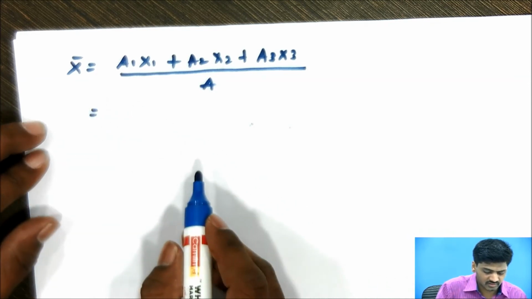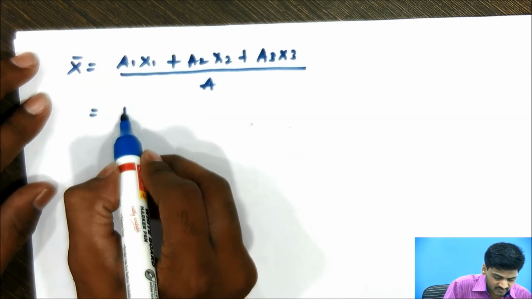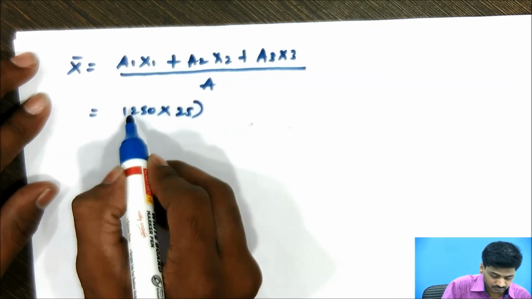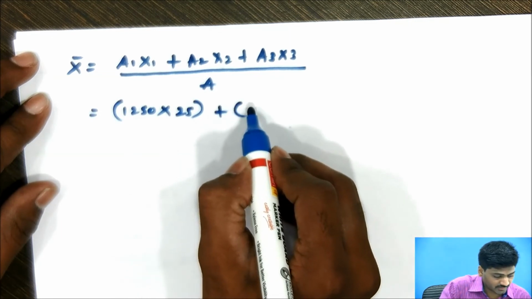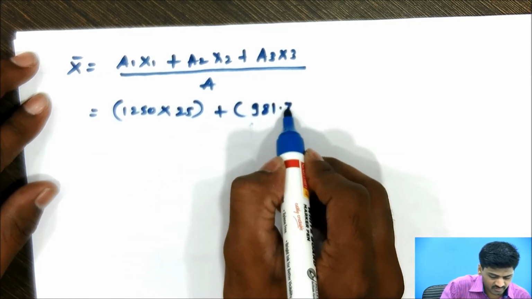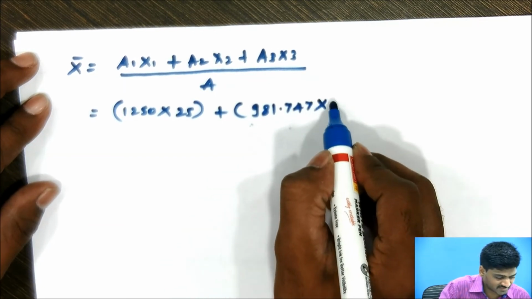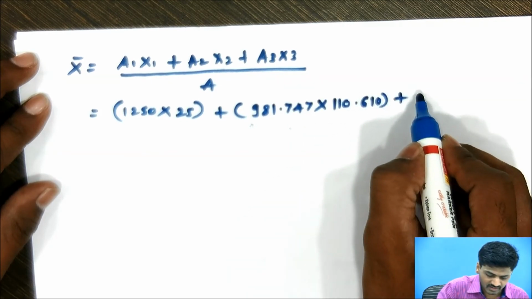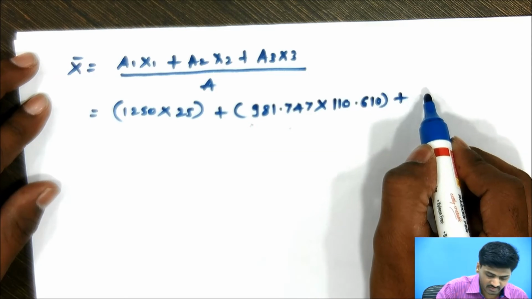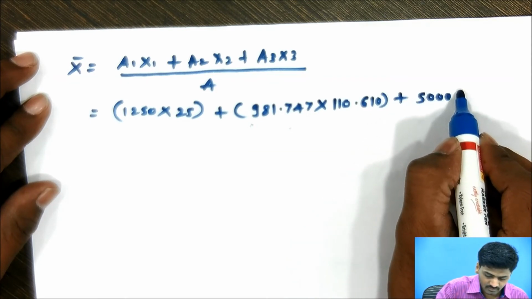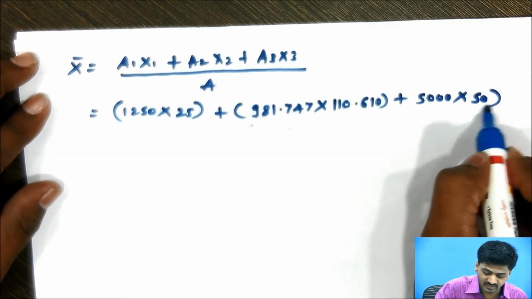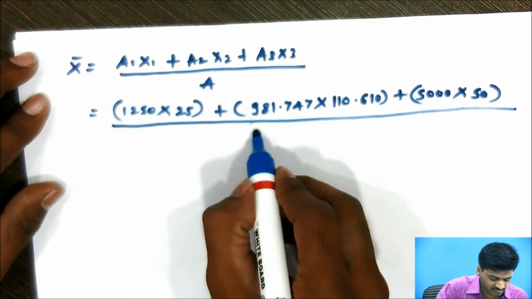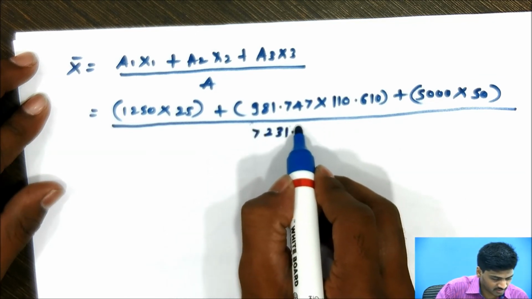So already we have calculated a1. The area of figure 1 is 1250 into the value of x1, which is 25, plus a2, the area of the second figure, that is 981.747 into x2, that is 110.610, plus a3 x3, where a3 is nothing but 5000 into x3, that is 50, divided by the total area, a1 plus a2 plus a3, 7231.747.